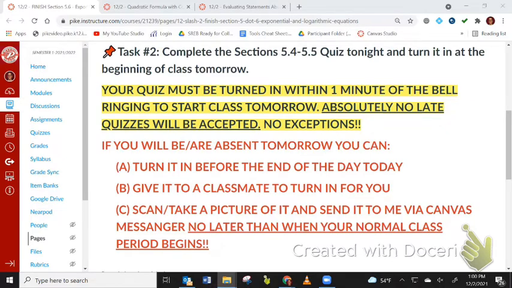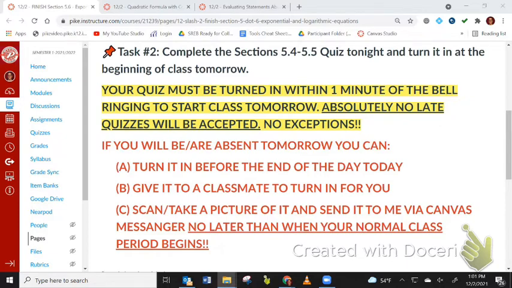If you already know in advance that you won't be here tomorrow, you can turn it in to me today. You can give it to a friend to turn it in to me. Or you can send it to me through Canvas. Just make sure that I get it before the start of 6th period tomorrow, which would be 12:48. No exceptions on that.